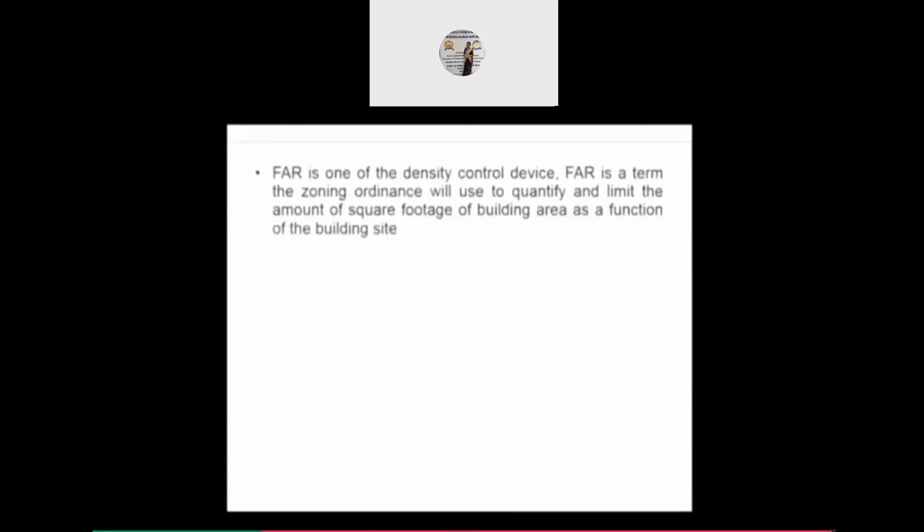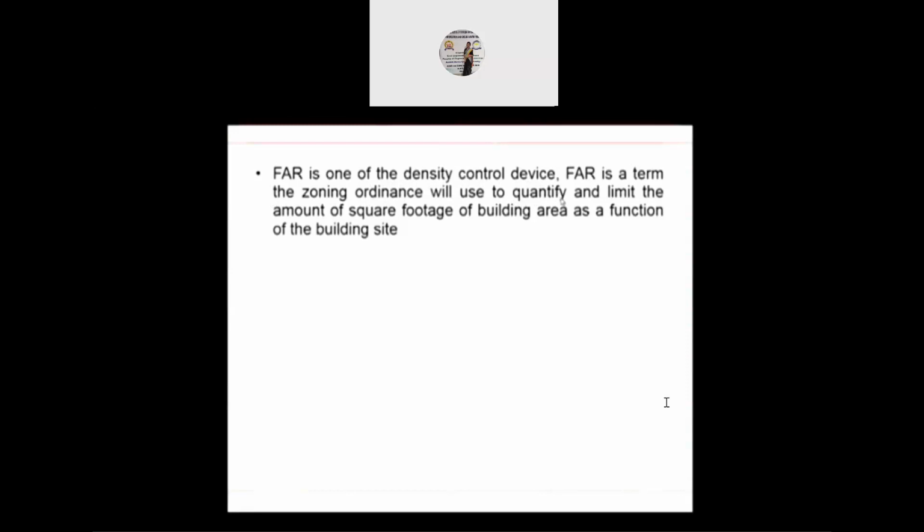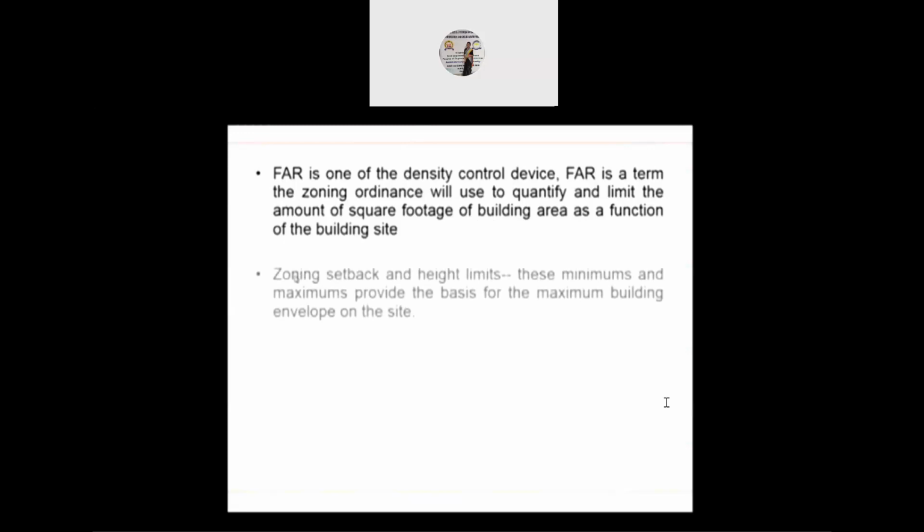FAR is one of the density control devices. FAR is a term the zoning ordinance uses to quantify and limit the amount of square footage of building area as a function of the building site. Zoning setback and height limits, these minimums and maximums, provide the basis for the maximum building envelope of the site.